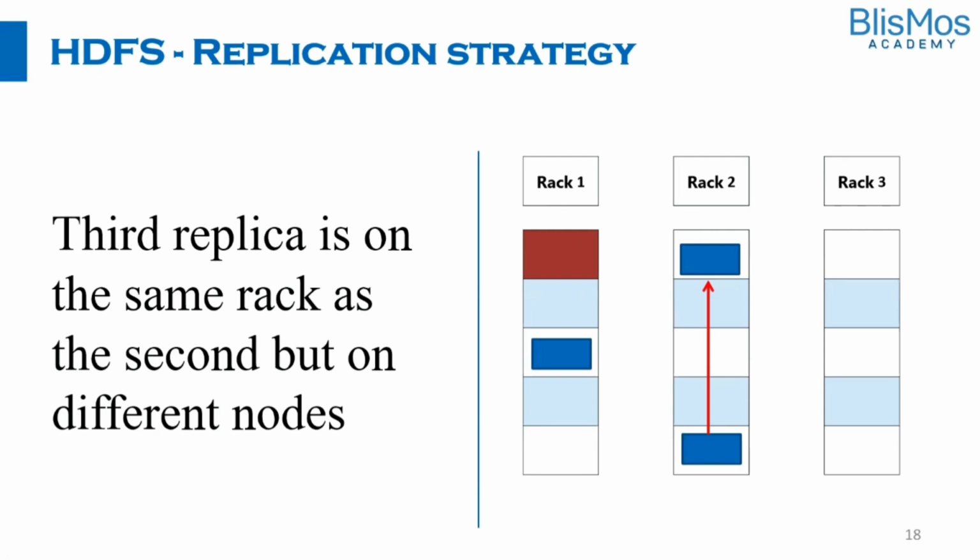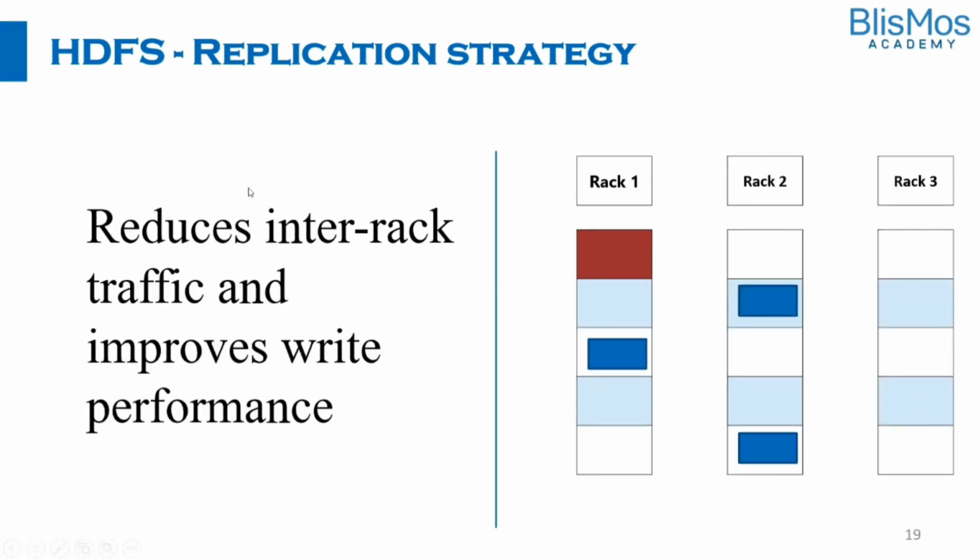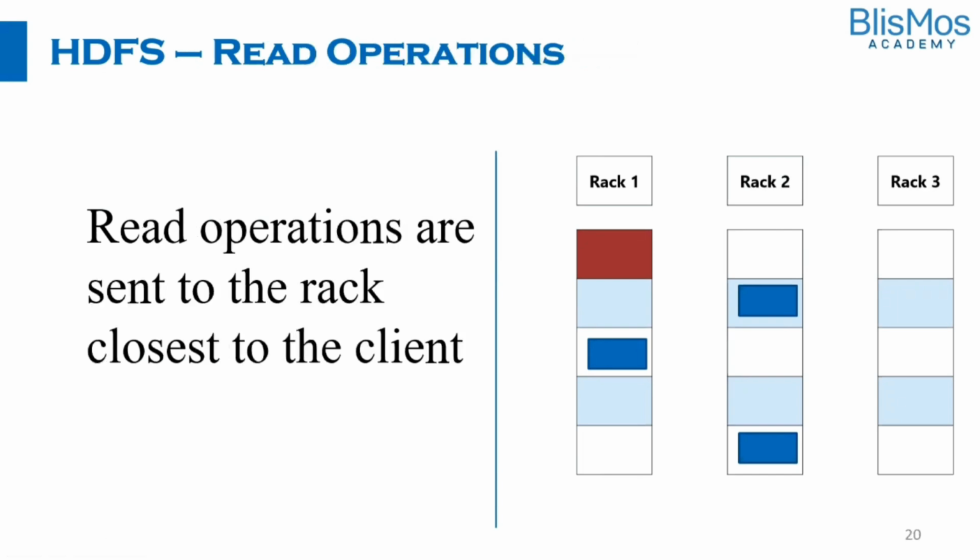That way you are replicating the data, and it is placed in a different data node. At the same time, you are trying to minimize the write bandwidth as much as possible. In a way, it reduces the inter-rack traffic and improves the write performance. Now we have balanced both the needs: maximizing the redundancy and minimizing the write bandwidth.